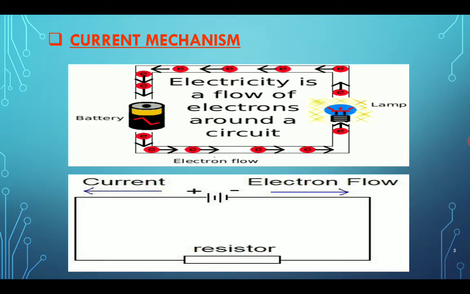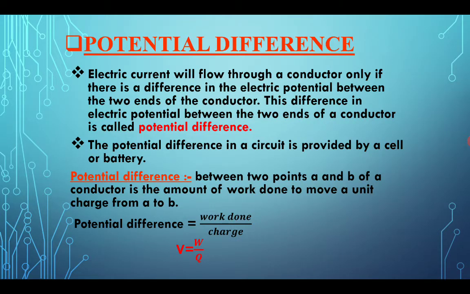Now, this current flow is possible because of the potential difference developed across the conductor, which is done by using a cell or a battery in the circuit.